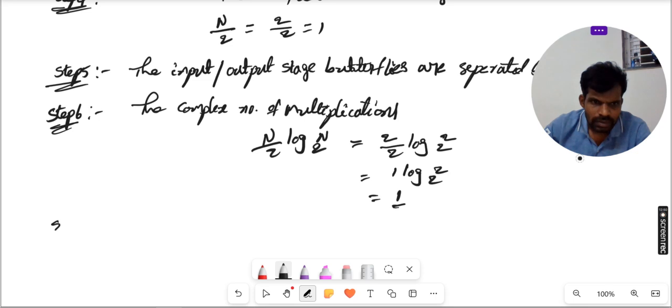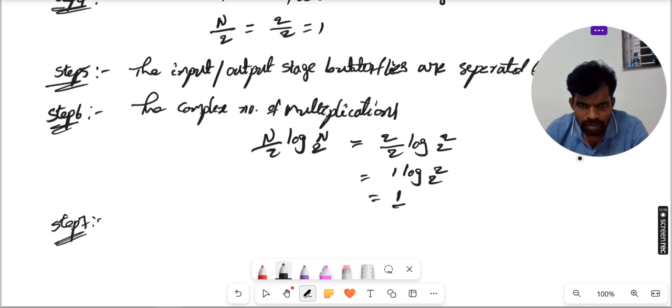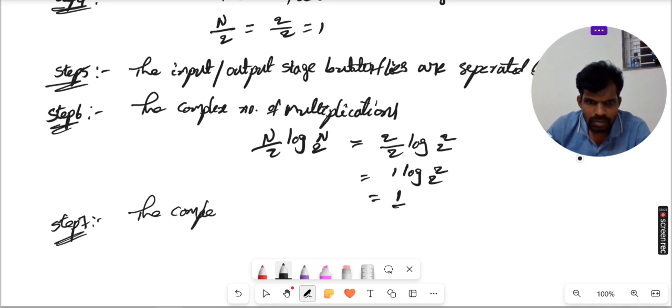Likewise, step 7. The complex number of additions.